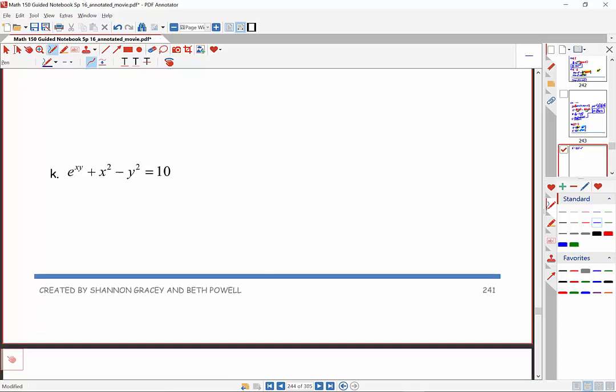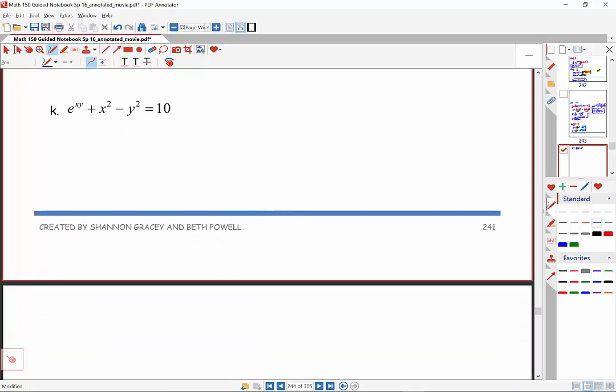Okay, so now this one, we're going to need to implicitly differentiate. Evaluating the derivative with respect to x of both sides, we'll get 3 of these derivatives going through on the left, and on the right we'll get a result of 0 because it's a constant.